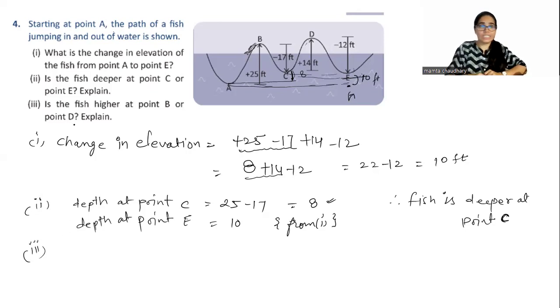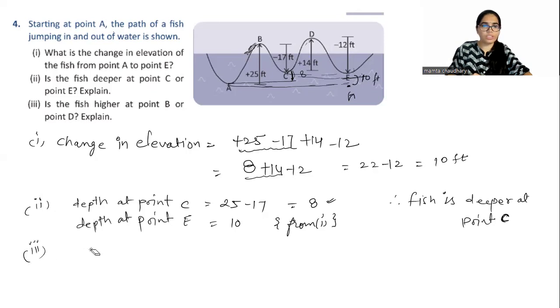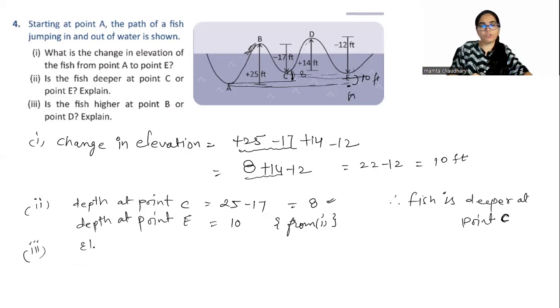Third bit says, is the fish higher at point B or point D? Okay? So first we'll find height at point B. Instead of height, you can write elevation also, right? It will be easy for you.